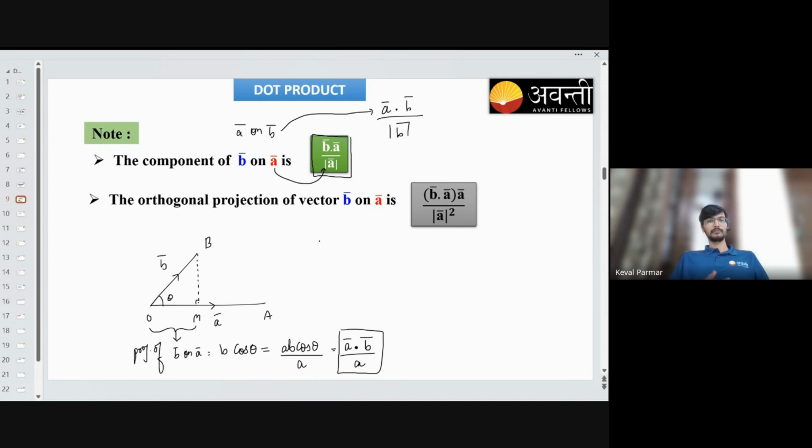Now, orthogonal projection. The orthogonal projection will be B bar dot A bar into A bar upon mod A का square. Correct? Orthogonal projection को you can also say vector component.